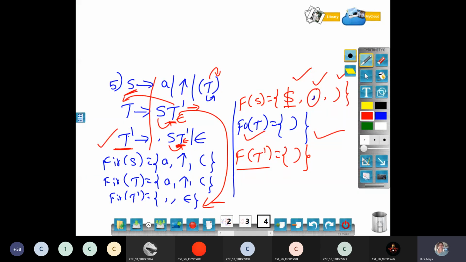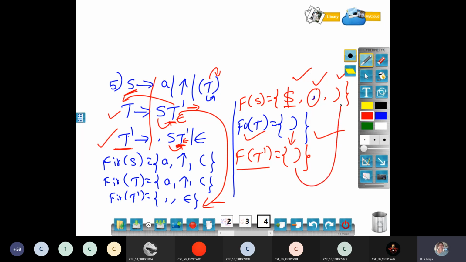I come to follow set of T dash. Follow set of T dash is what? In the first line there is no T dash. In the second line I have a T dash, but nothing in front. Then it should copy follow of T. Follow of T, you computed, is close parenthesis. The same thing you copied onto follow of T dash also. Then I end with this.